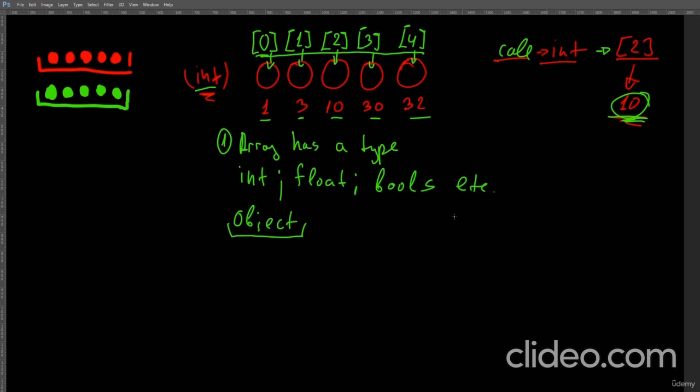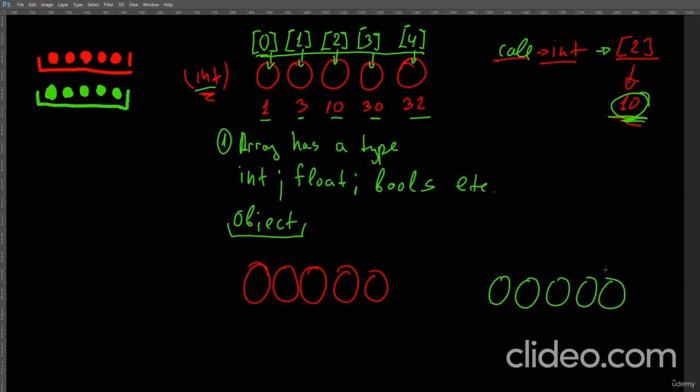The other thing that you should keep in mind is that if we have 5 red balls and 5 green ones, you cannot transfer the data from this one to this one. Let's say this is an int array and this is a string array. They have different types, string and int, so this red object cannot be transferred over here.